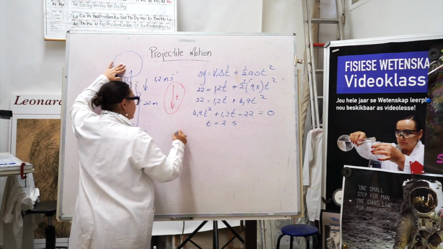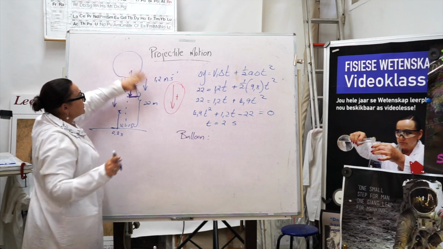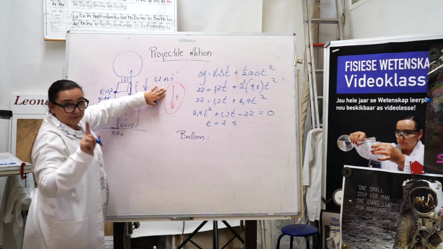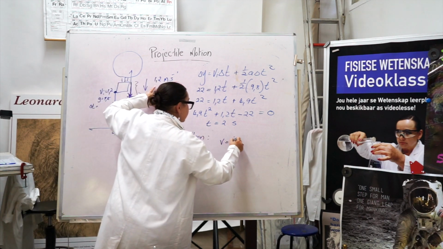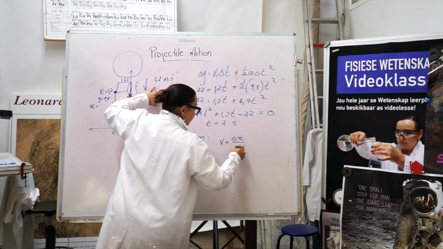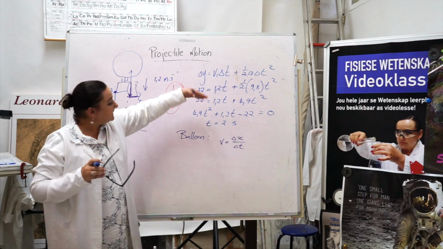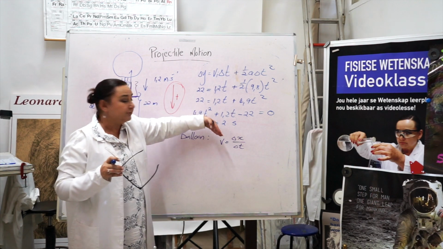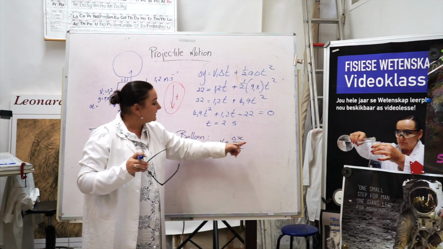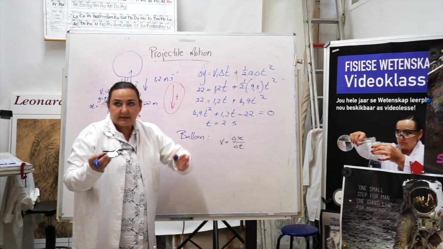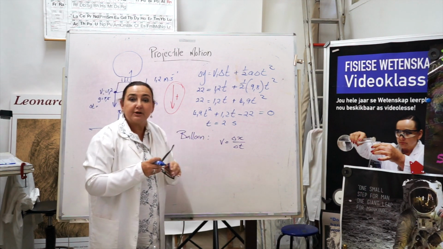Now let's first have a quick look at the balloon. Our balloon, we know, travels with a constant speed. And you do remember that I told you, when you have a constant speed, you can use V equals the distance divided by time, delta y divided by t.